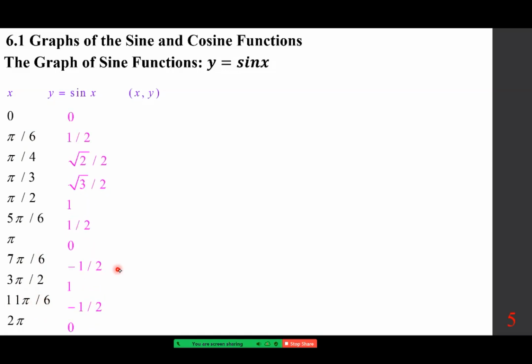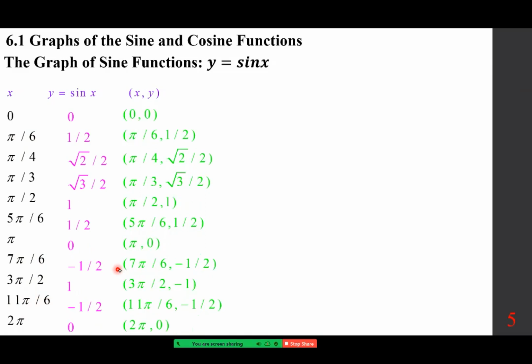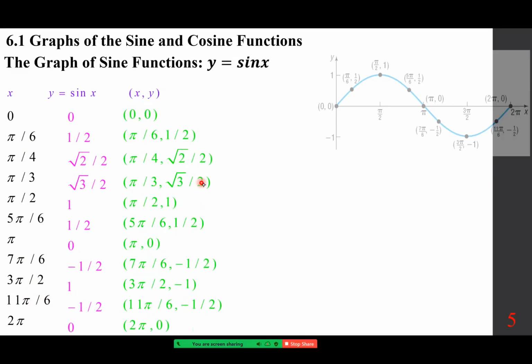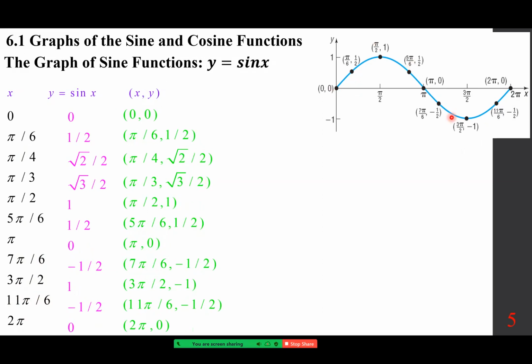Those are the values, and these are the pairs. The point being, if I don't know anything about the function, as far as the graph is concerned, I just plot a bunch of pairs. So this is one pair, this is another one, and so on. If we plot those pairs, this is the way it looks.